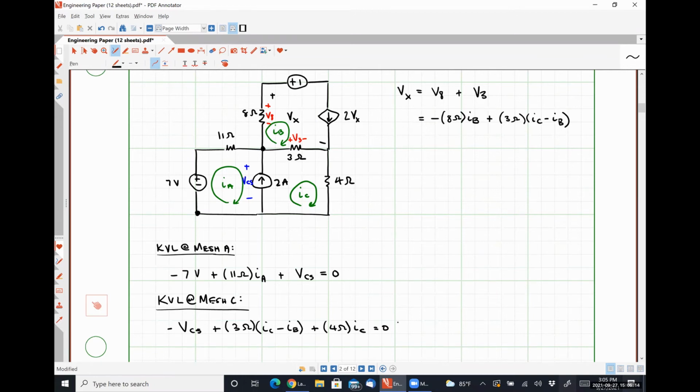So I'm going to do exactly what I did on Friday. I'm going to apply mesh analysis or Kirchhoff's voltage law to the combination of these two meshes.